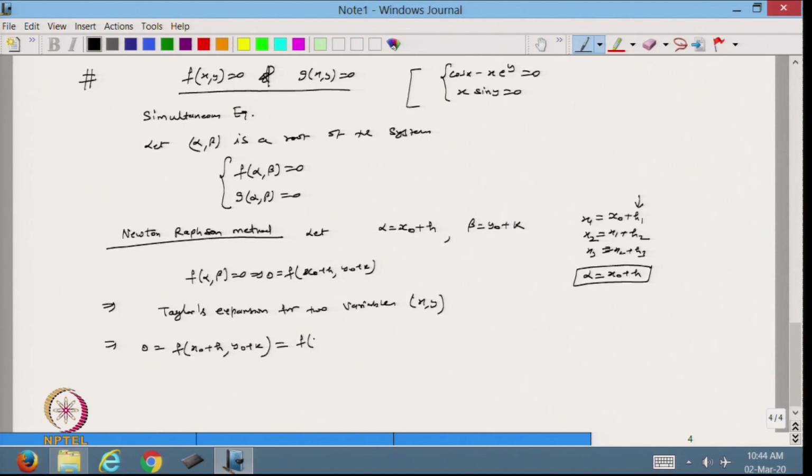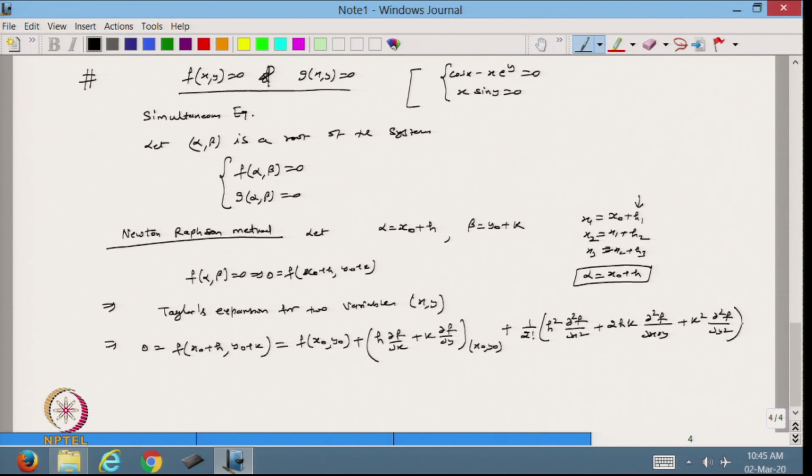So, this I know can be written as f(x0, y0) plus h del f by del x plus k del f by del y at the point (x0, y0), plus 1 by 2 factorial times h squared del squared f by del x squared plus 2hk del squared f by del x del y, this is the mixed partial derivative, plus k squared del squared f by del y squared, and this is the value at x0 and y0, plus the higher terms.